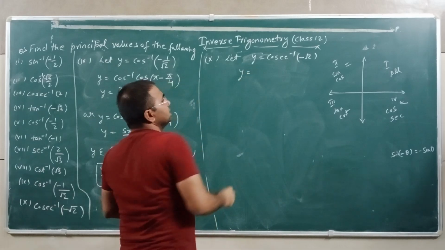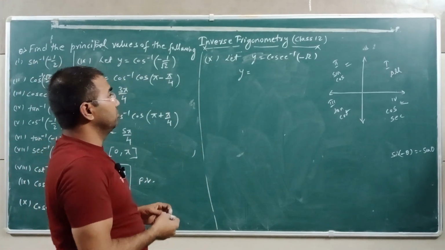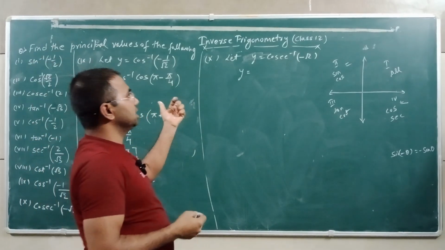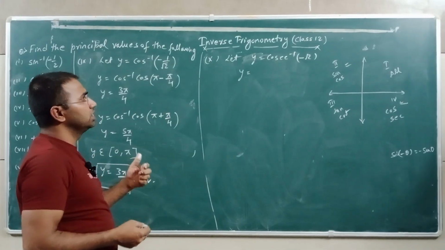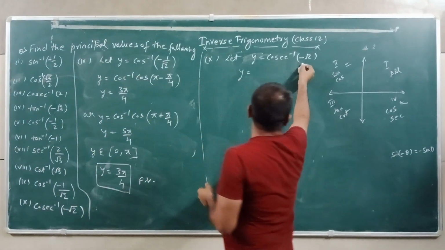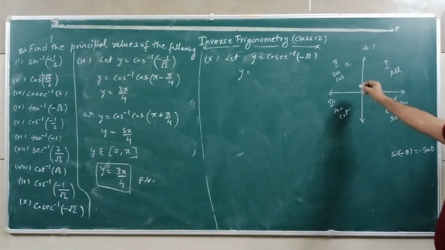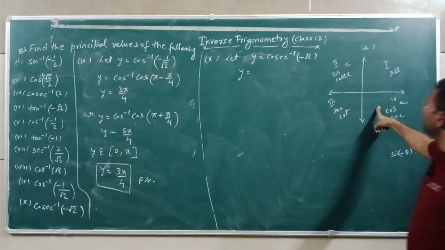Now see here, cosec is the inverse of sine, and at what angle will you get the sine ratio 1 upon root 2? 45 degree, and 45 degree can be written in radian form as pi upon 4. And here we are getting minus. So in which quadrant will the sine ratio, the cosec ratio, be negative? In the third quadrant and in the fourth quadrant.